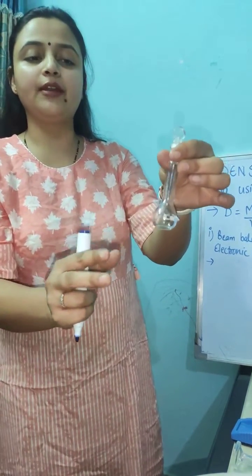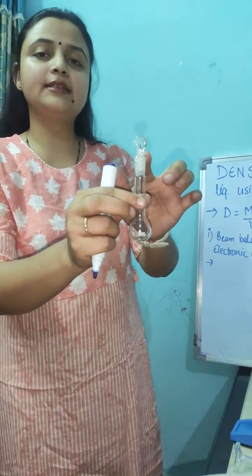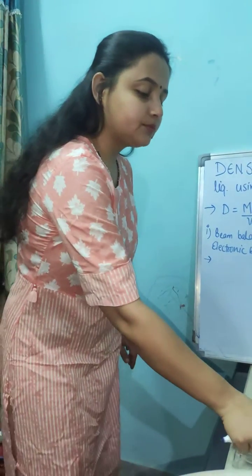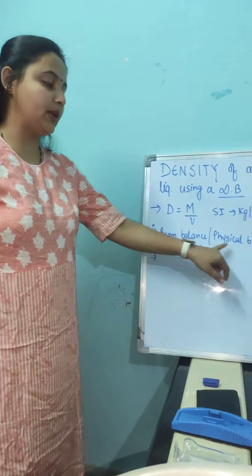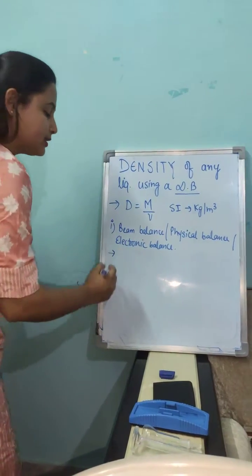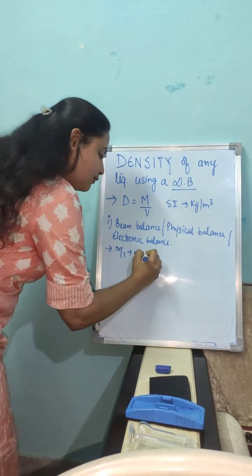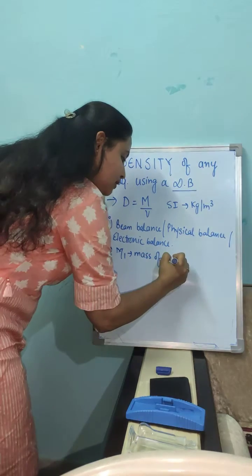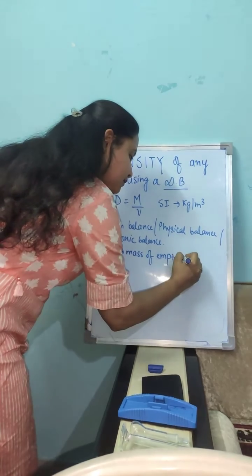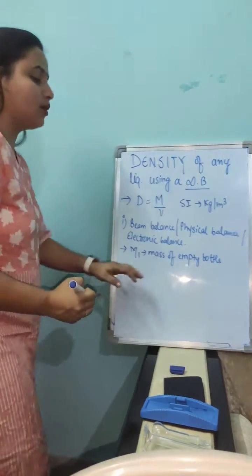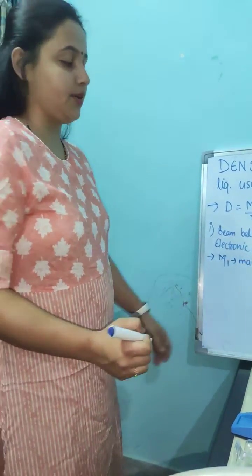Once you have purified it, you will place this empty density bottle on the beam balance, physical balance or electronic balance. So the first step is you will measure M1. What is M1? Mass of the empty density bottle.